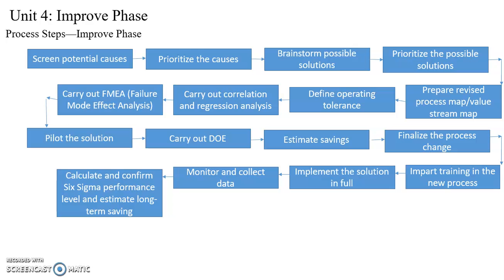In the next step, you should carry out DOE, that is design of experiments. In this design of experiments, we try out different solutions. This is a statistical method where it is designed as to how many times to carry out the test and in what sequence we will test.